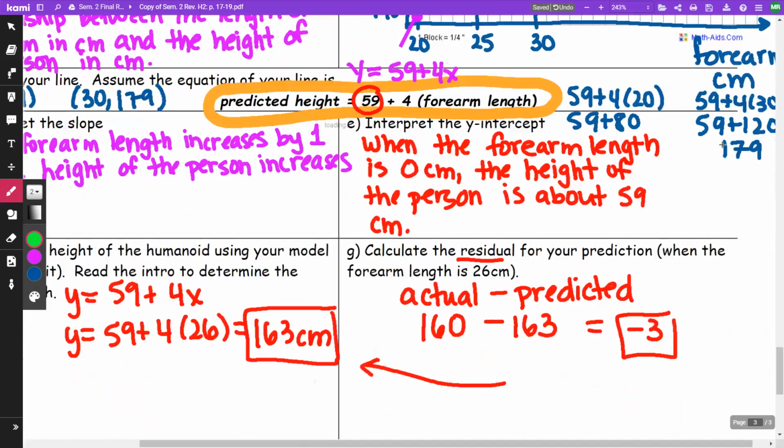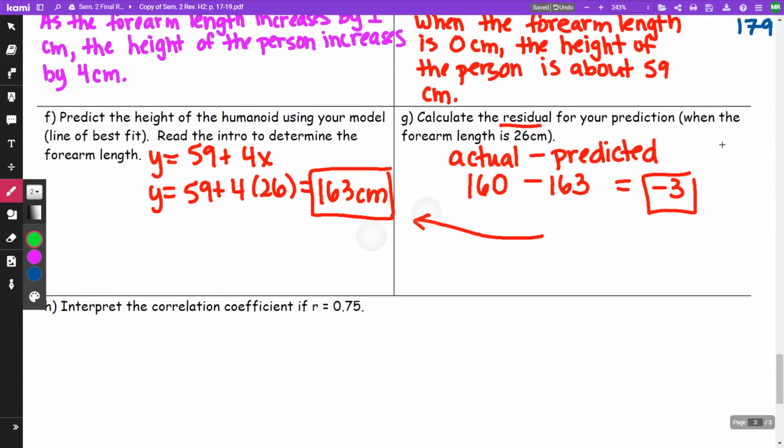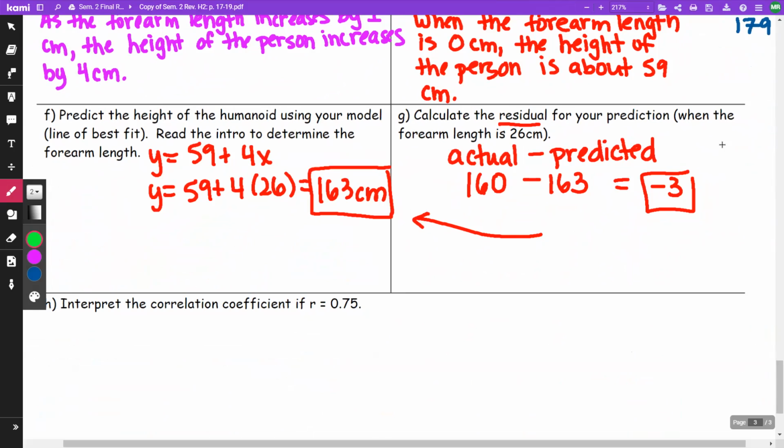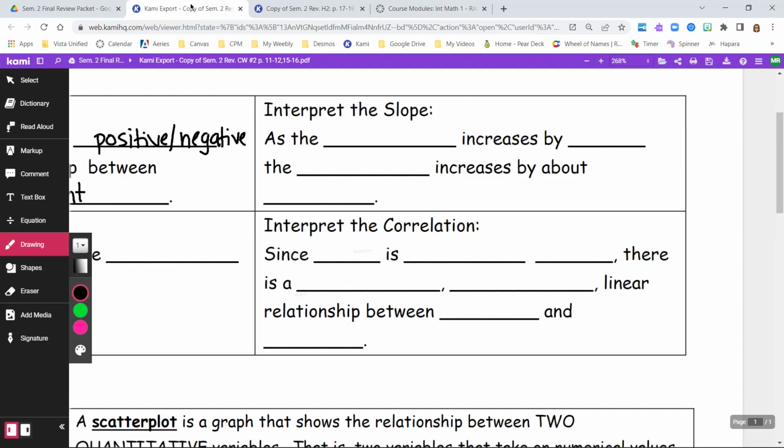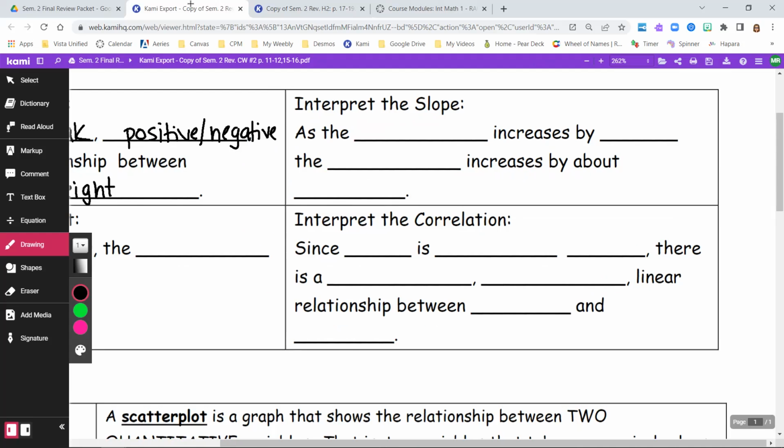Okay, and then it says interpret the correlation coefficient if R is 0.75. We have a sentence frame for this. So since R equals whatever the correlation coefficient is, we're going to say either close to or far from 1 or -1, there is a strong or weak, positive or negative linear relationship between whatever the X and the Y are.